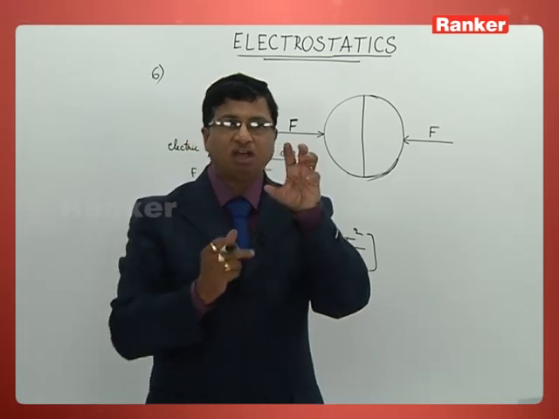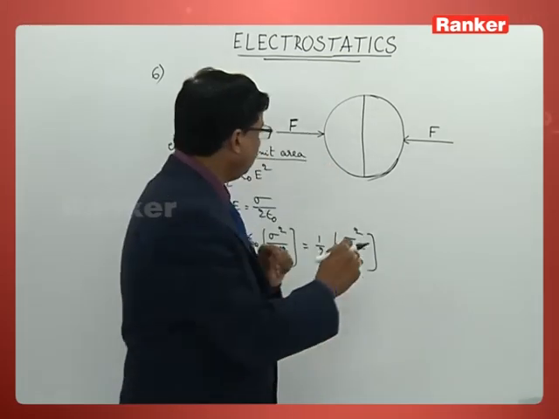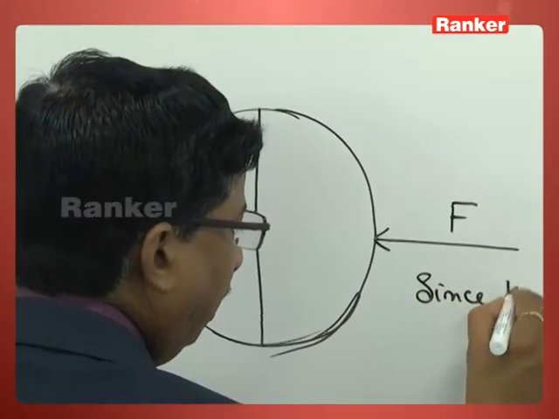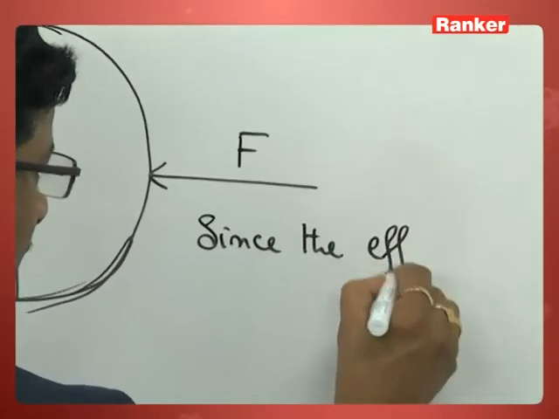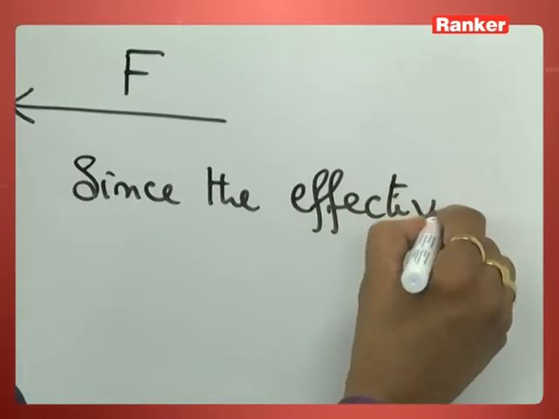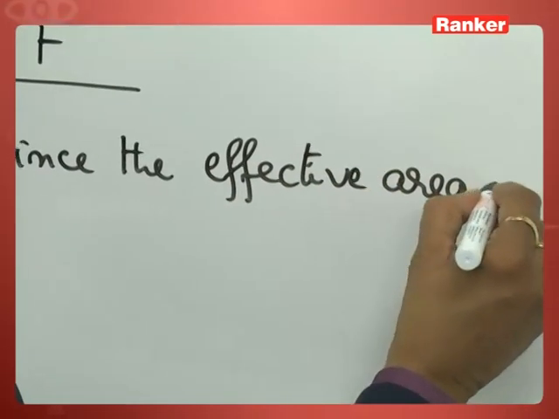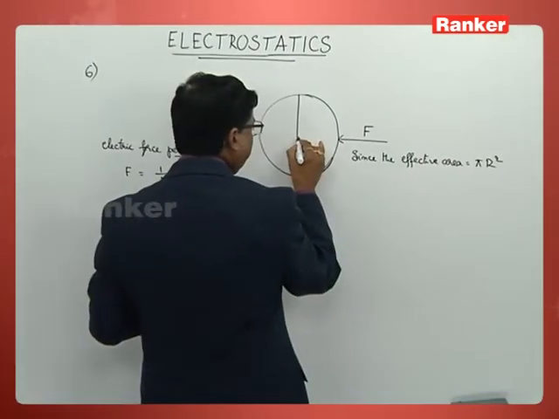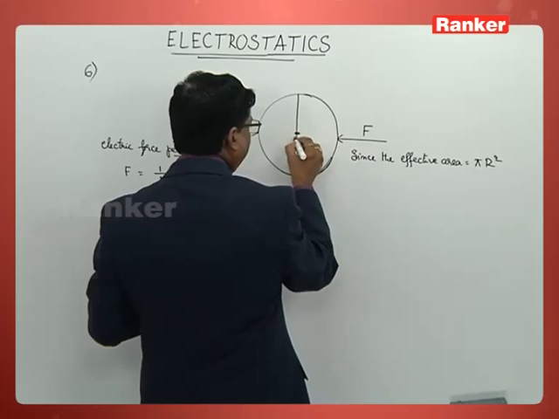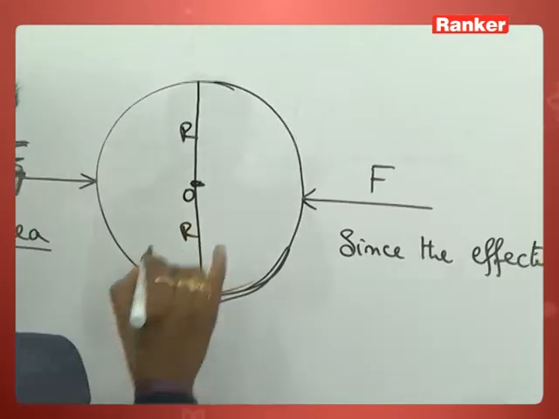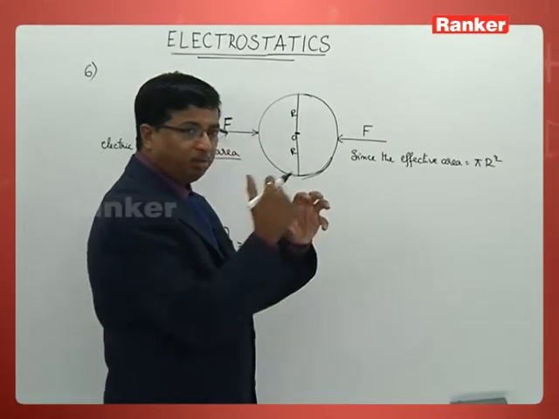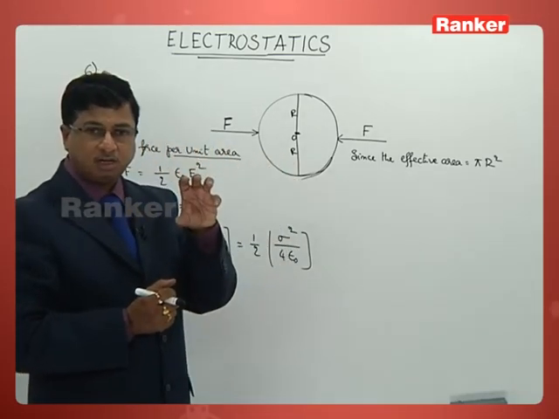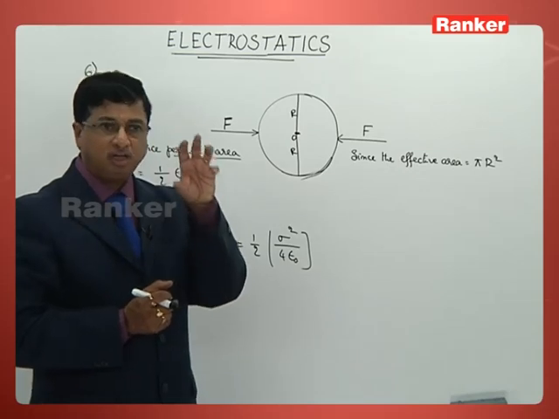This is area of a circle. So what we can write now? Since the effective area is pi r square. What is that pi r square here? R is nothing other than the radius. Since it is circular in shape, pi r square is supposed to be taken as the effective area.